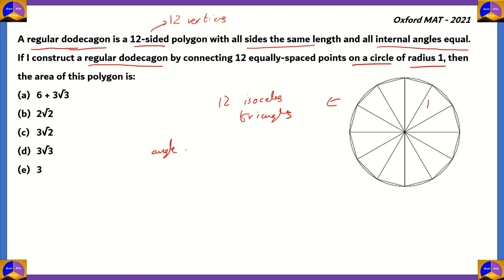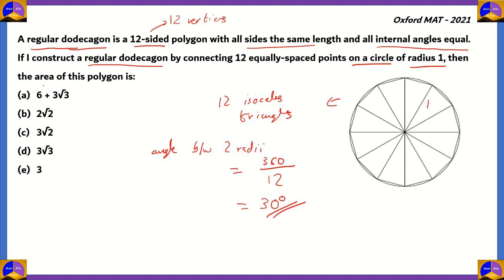So in order to find the angle between two radii, we're going to divide the total angle, that is 360, by the number of radii, which in this case is 1, 2, 3, 4, 5, 6, 7, 8, 9, 10, 11, 12. So 360 divided by 12 would give us 30 degrees. So the angle between any two radii is 30 degrees.